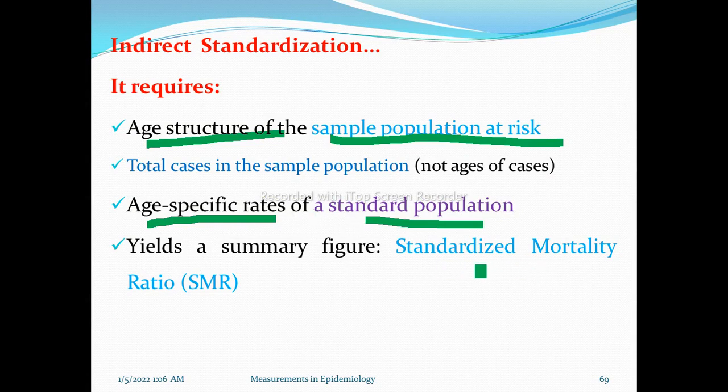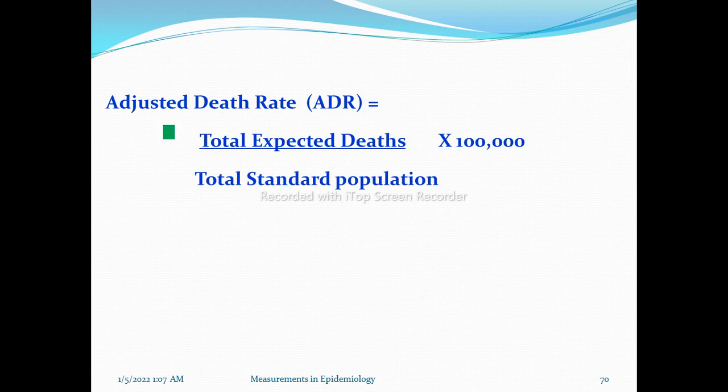So the summary figure is the standard mortality ratio. Standard mortality ratio is for indirect standardization, whereas adjusted rate is for direct standardization. So adjusted death rate, ADR, is equal to total expected deaths over total standard population times 100.